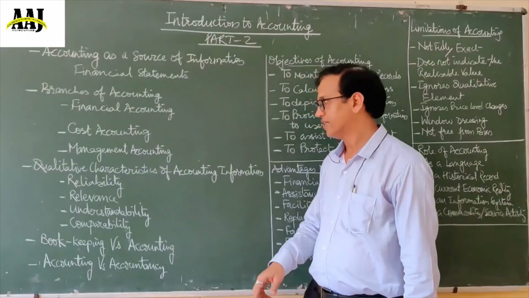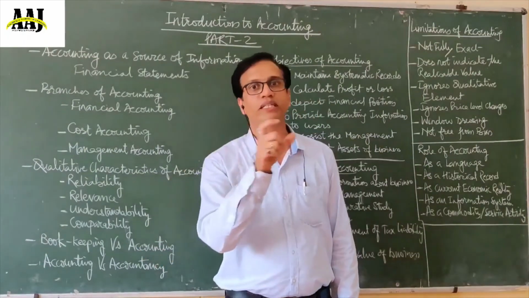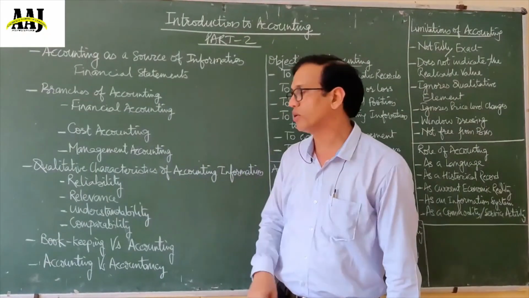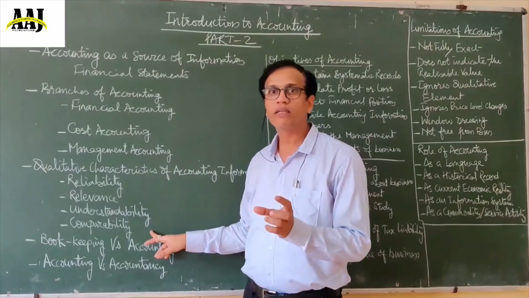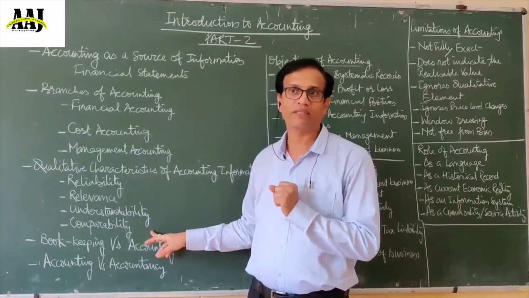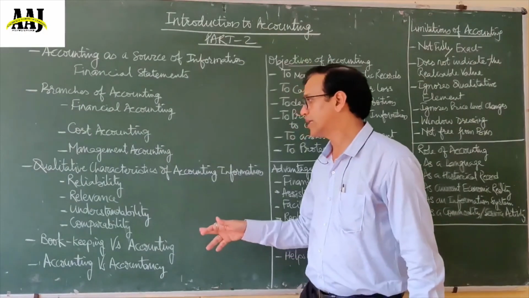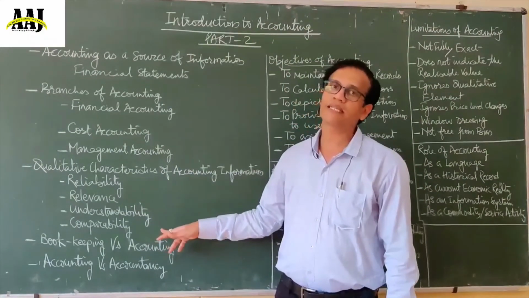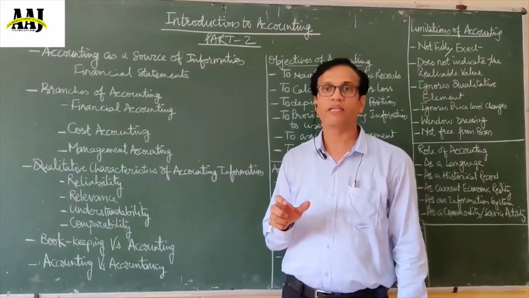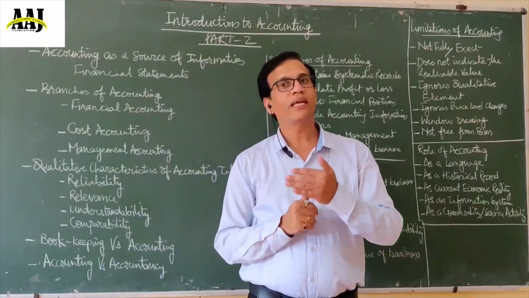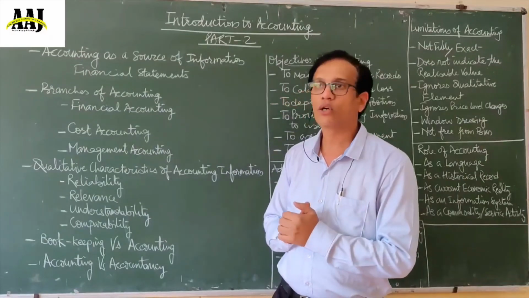And for that, a common unit of measurement should be used. Common formatting should be used. So it should be common in terms of currency. If you are of Indian origin, then your data should be presented in rupees. It should not be in dollars, because the other business of the same category will be providing the information in rupees only.